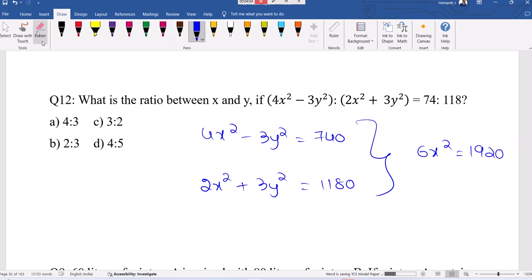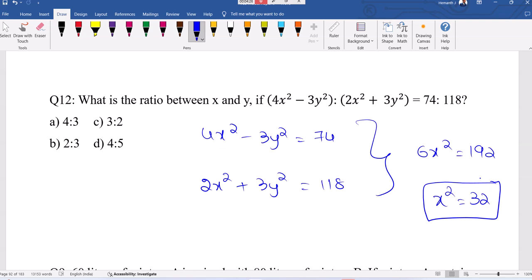So it might be okay, we'll take the zeros removed. Then it will be 192. x square will be 32. Fine, let it be. x square is 32.